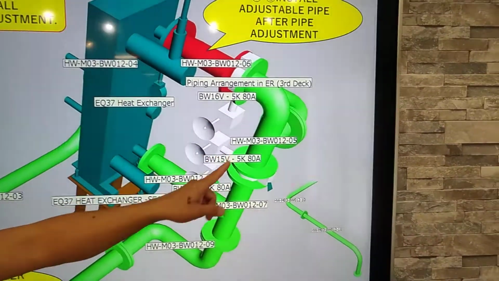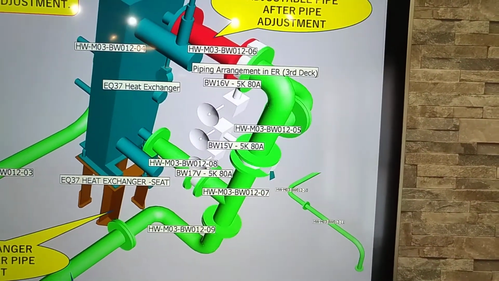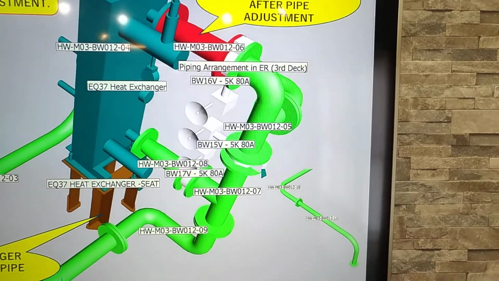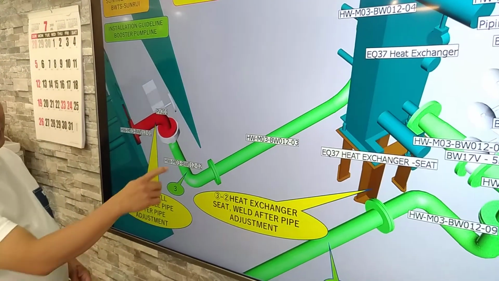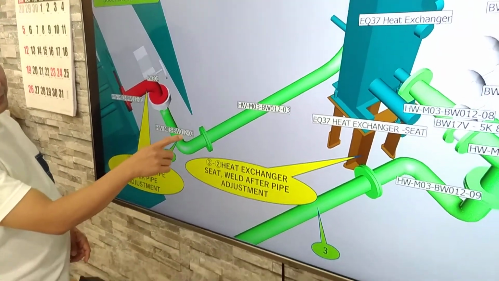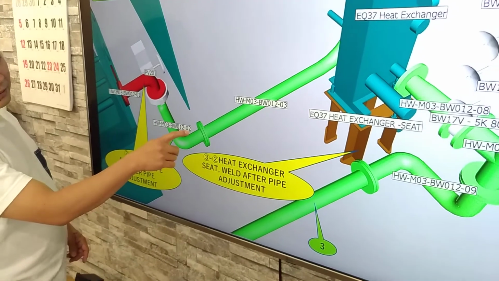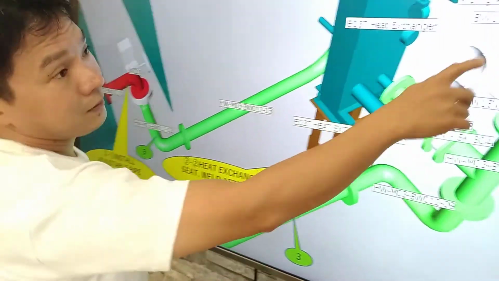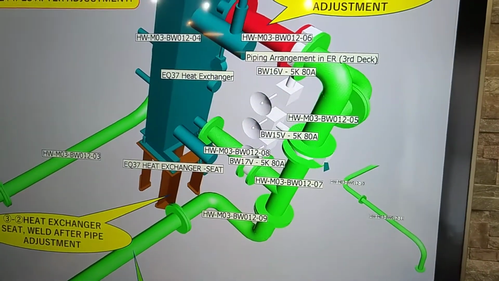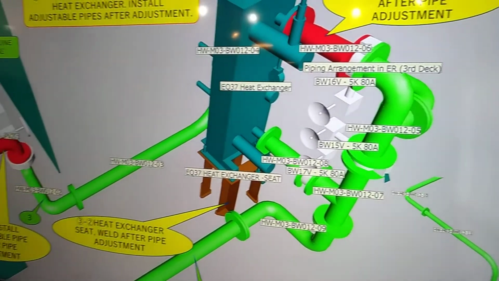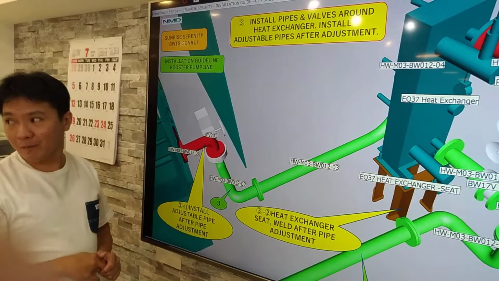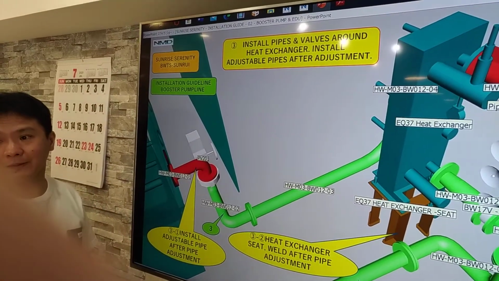We can install the valves here as per drawing. Here we will also connect from EDU going to our heat exchanger. We have to install the fixed pipe BW0120203 first, and after installing the fixed pipe, we can install the adjustable pipe for alignment.